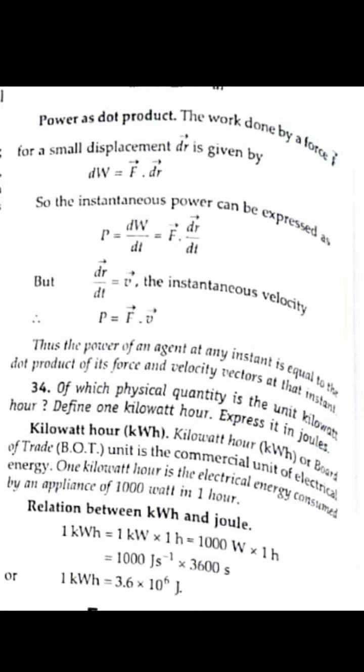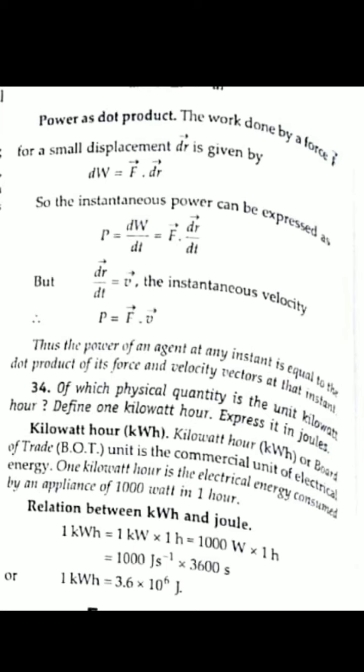The work done by a force F for a small displacement dr is given by dW equals F dot dr. So P means dW by dt, that is F dot dr by dt. dr by dt, the change of position with time, gives us v, the instantaneous velocity. So P equals F dot v. So the power of an agent at any instant is equal to the dot product of its force and velocity vectors at that instant.